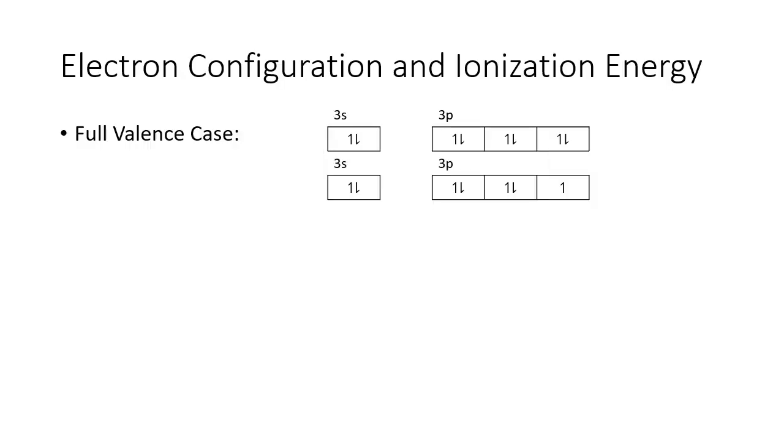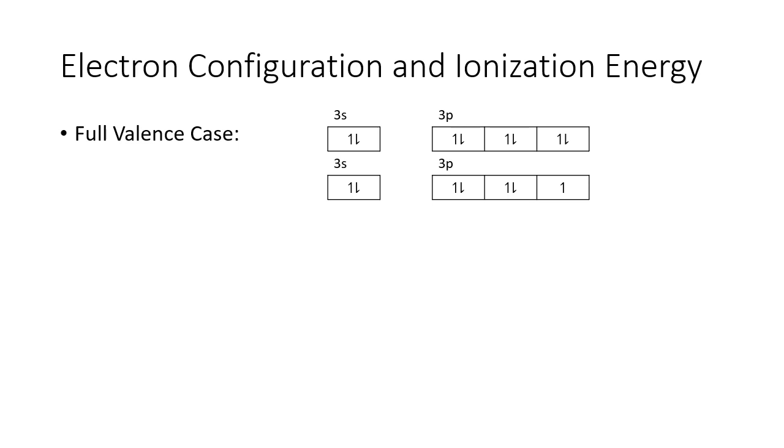So in our full valence shell, which are noble gases, but it can also be ions that are isoelectronic with noble gases, it will take more energy to pull an electron off of a full orbital than it will a partially full orbital, because it won't be a radically different quantity, but it'll still be more energy to do that.